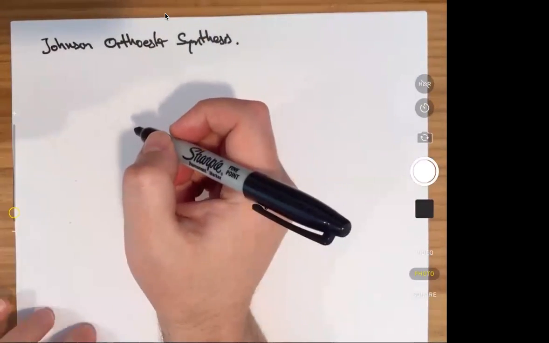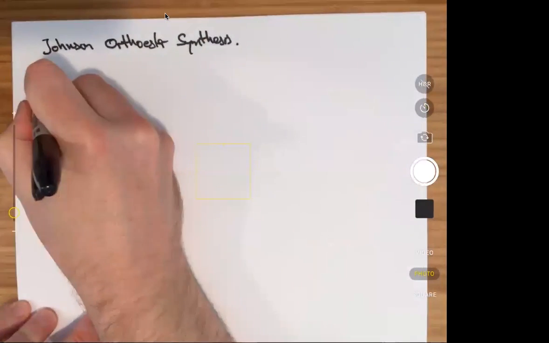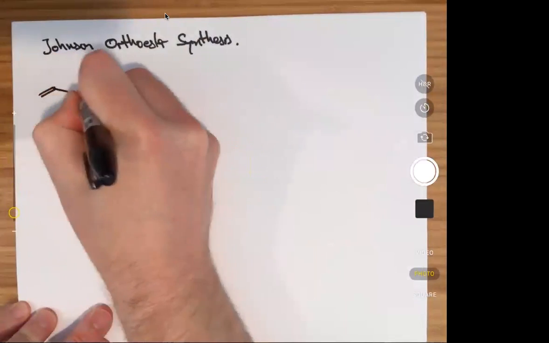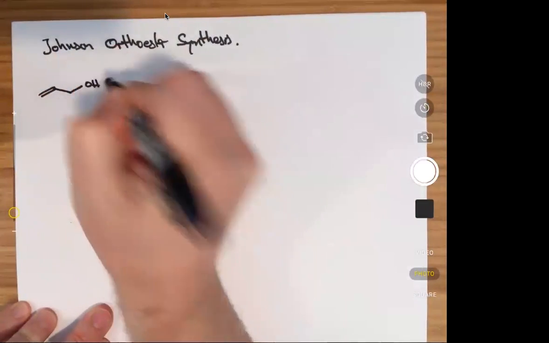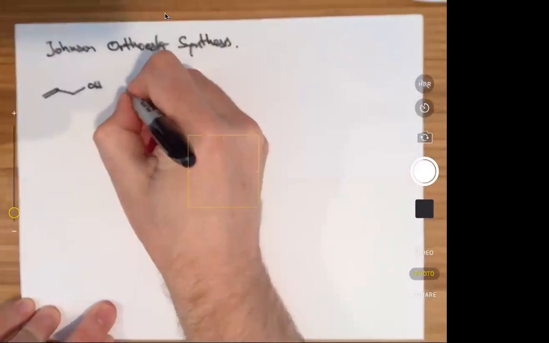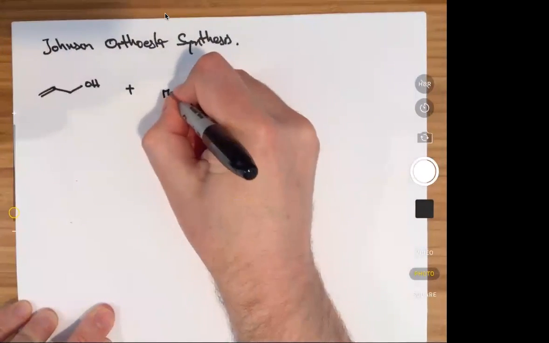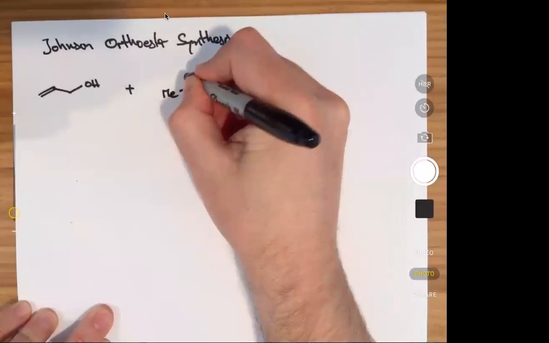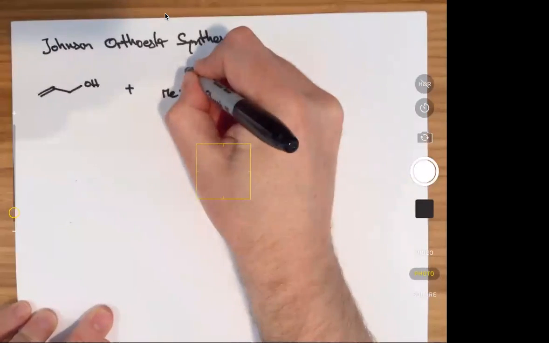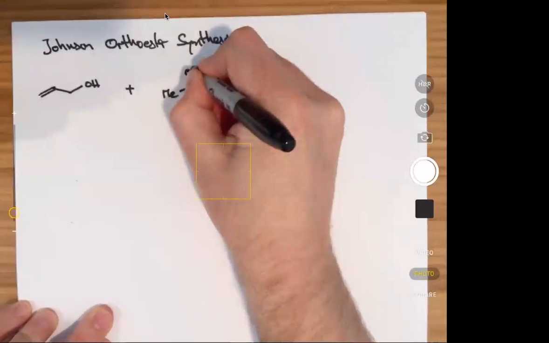So I'm just going to show you the reaction first. You usually start with an allylic alcohol, and then you treat this with an orthoester. So that's basically just the acetal of an acetic acid, or an ester in this case.